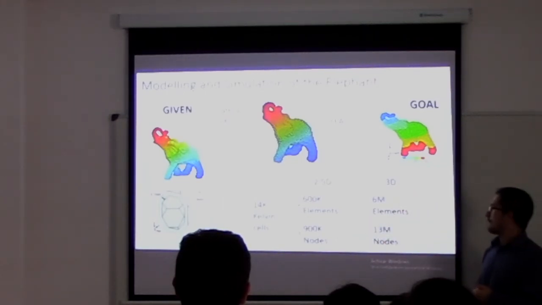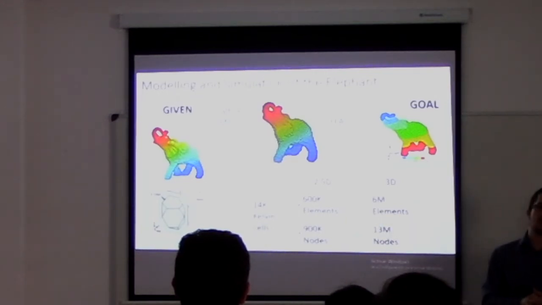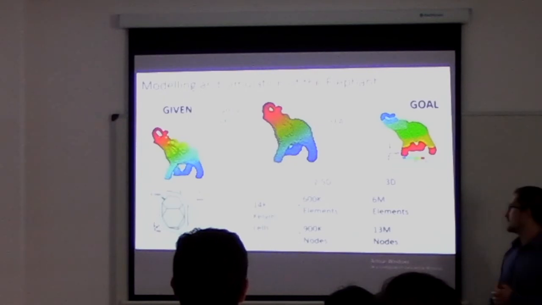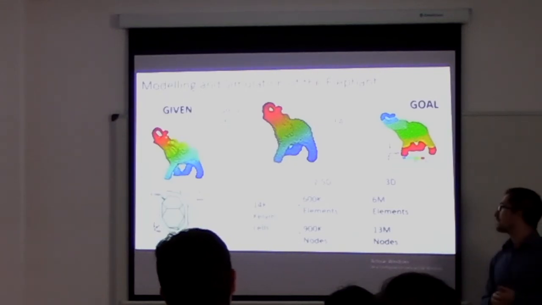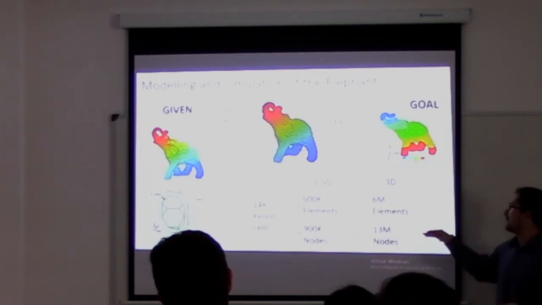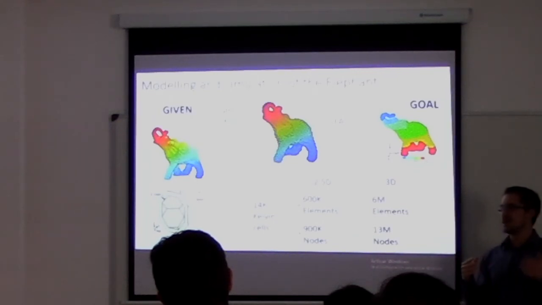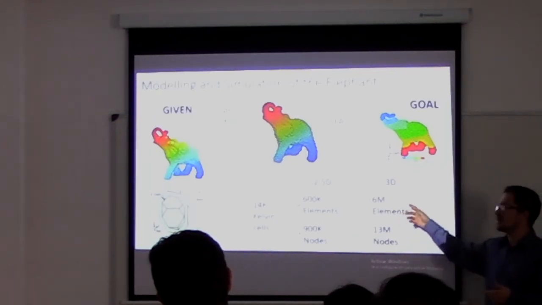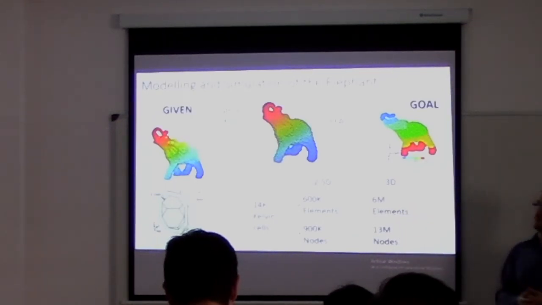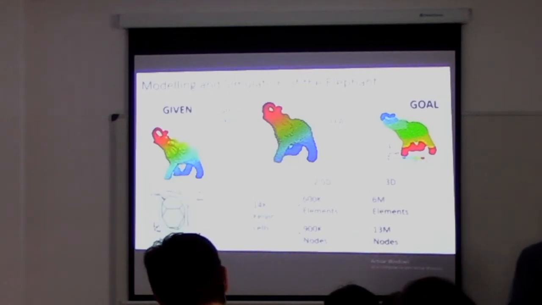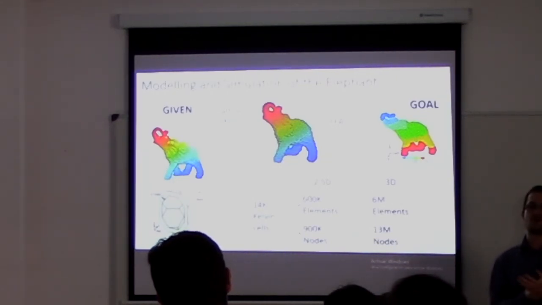So in quantitative terms, it means 600,000 2.5D elements and 900,000 nodes. And look that in the case of 3D, that would be something like 6 million elements and 13 million nodes. Actually, we cannot even generate the 3D model for simulation.